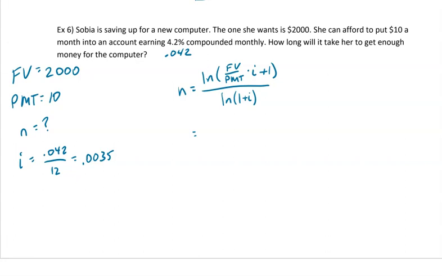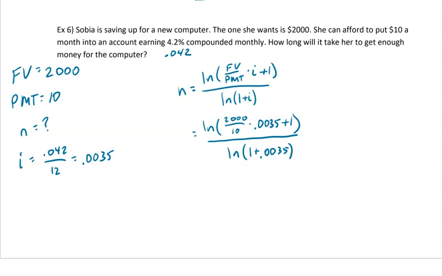All right, let's go ahead and start plugging stuff in. So on top, we got natural log of 2,000 over 10 times 0.0035 plus 1, over the natural log of 1 plus 0.0035.